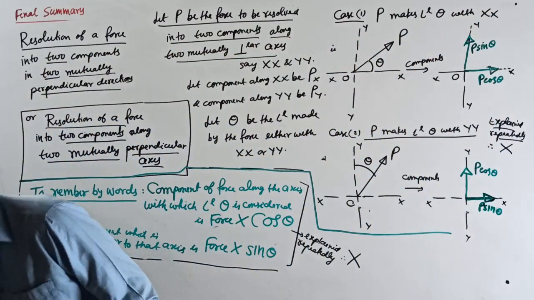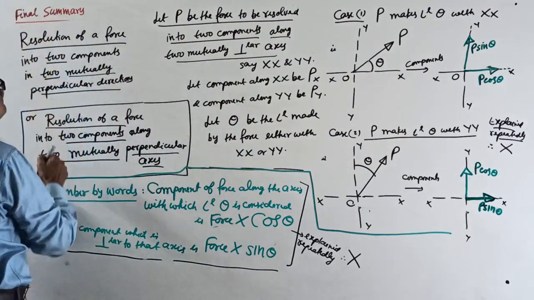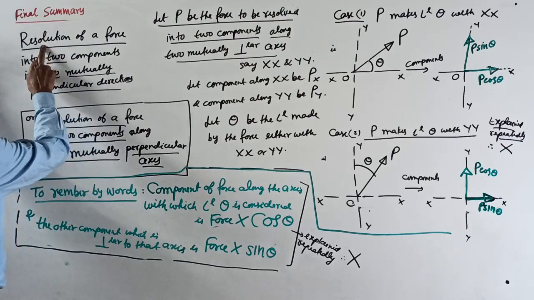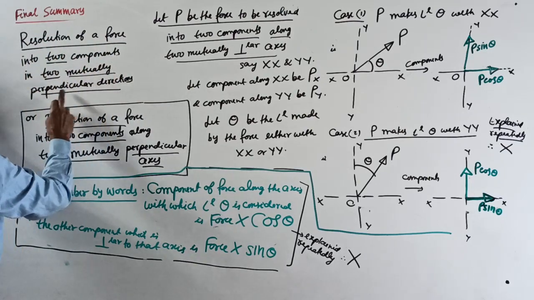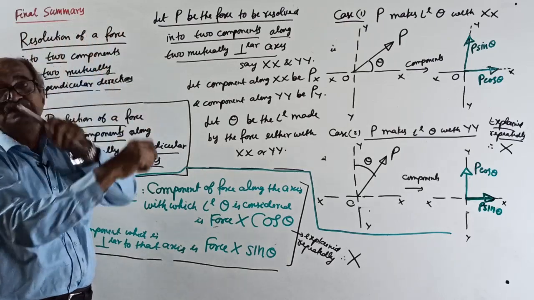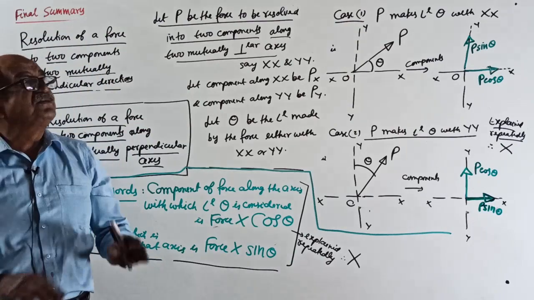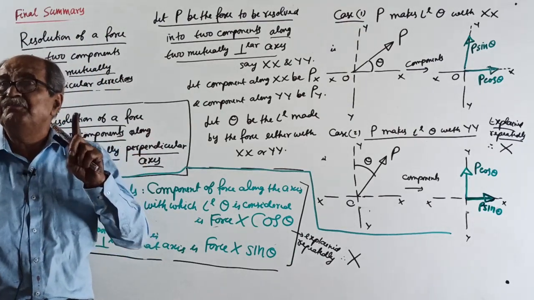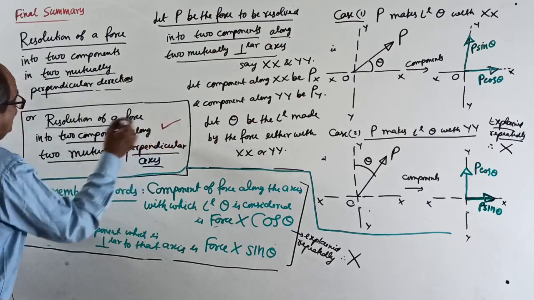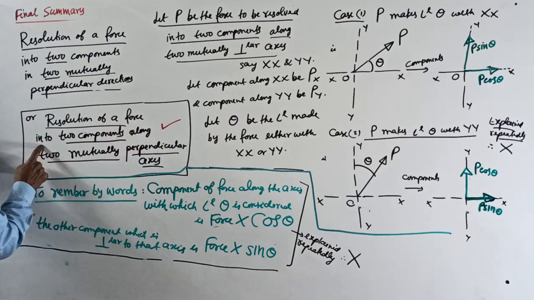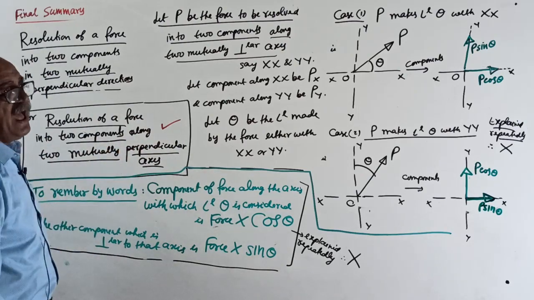Now, the final summary. Resolution of a force into two components in two mutually perpendicular directions. But usually, instead of word direction, sometimes doubt comes, right side, left side. So the best option is, resolution of a force into two components along two mutually perpendicular axes.